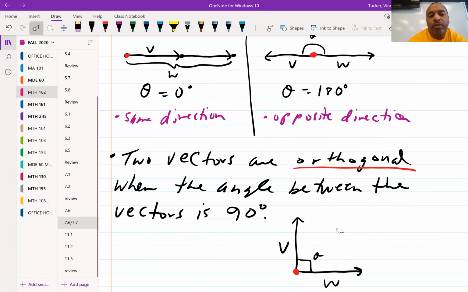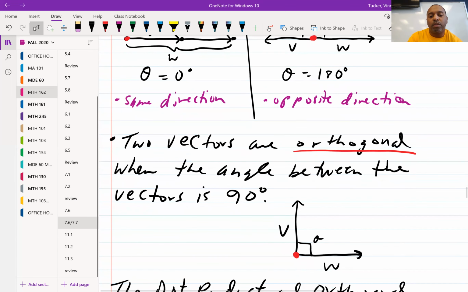So two vectors are orthogonal when the angle between the vectors is 90 degrees. Everybody good, everybody straight?